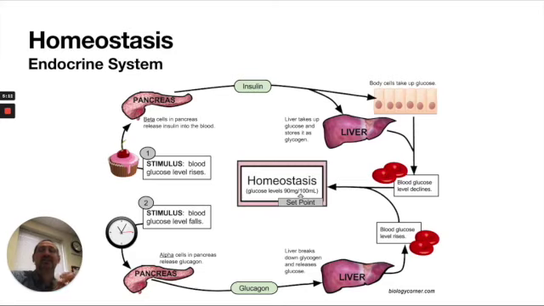The pancreas receives that message from a receptor, releases insulin, a hormone that targets body cells and the liver to accept or help increase the diffusion of glucose out of the bloodstream and into the body cells to keep it balanced.